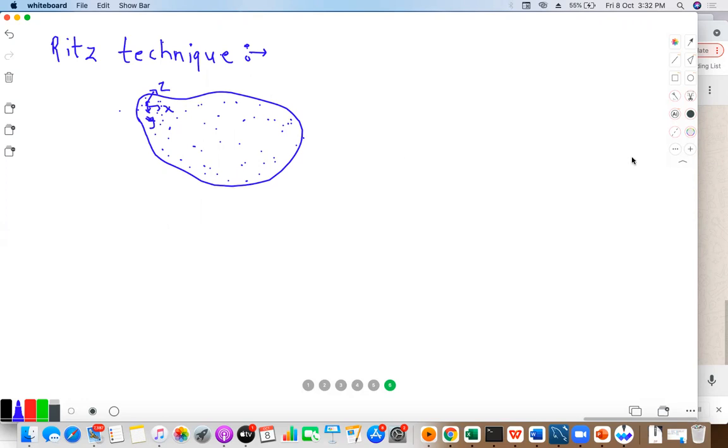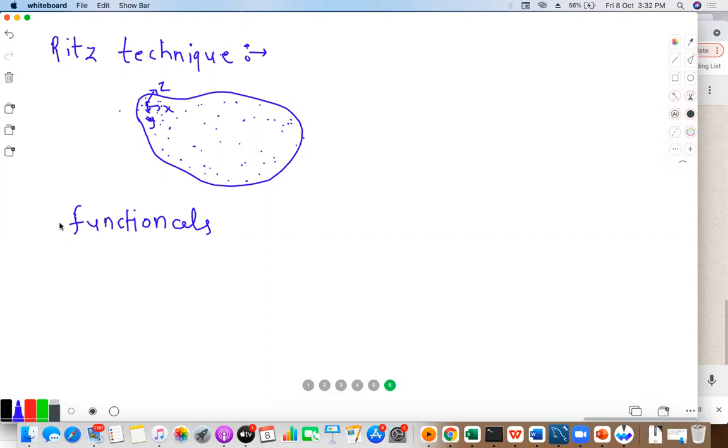Now, what we do, instead of these differential equations, with the Rayleigh-Ritz technique we consider functionals. And we assume some functional.